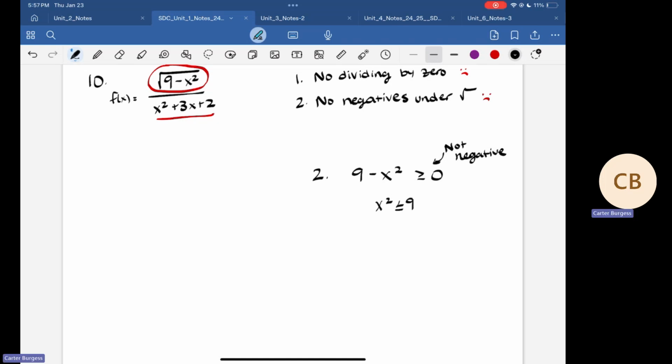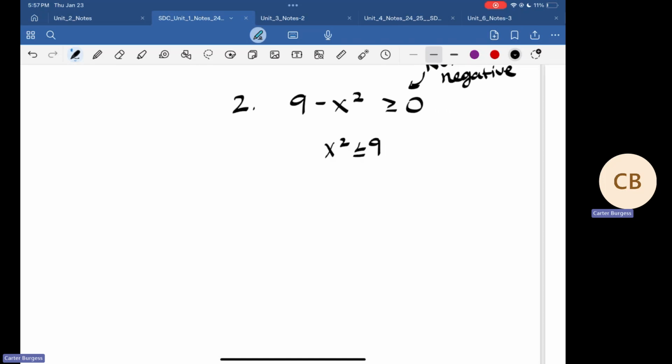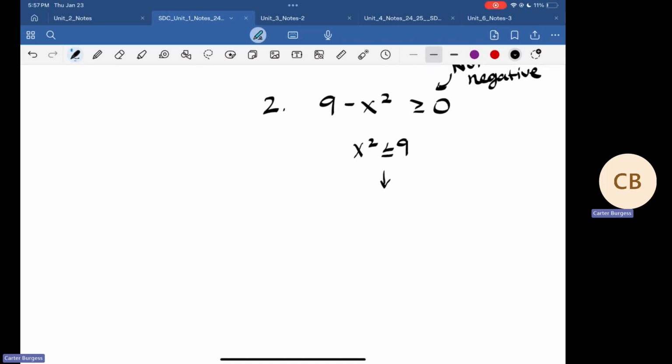And here is where a lot of people make a pretty big mistake, in trying to take the square root of both sides and getting x is less than or equal to 3, which is a problem for a couple of reasons. The first and foremost is that you are neglecting the possibility of plus or minus. And because of this possibility of plus or minus, this inequality doesn't behave very well.